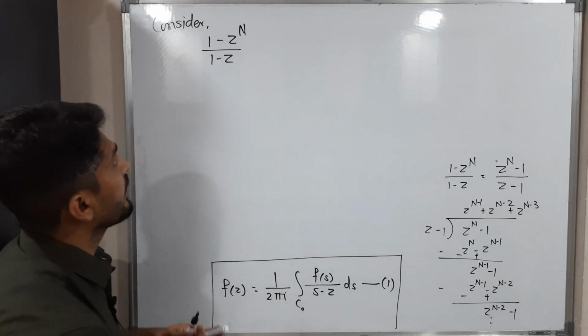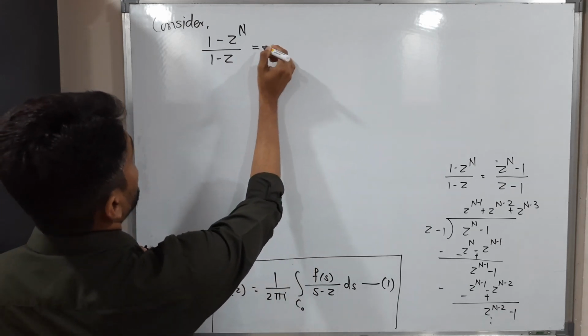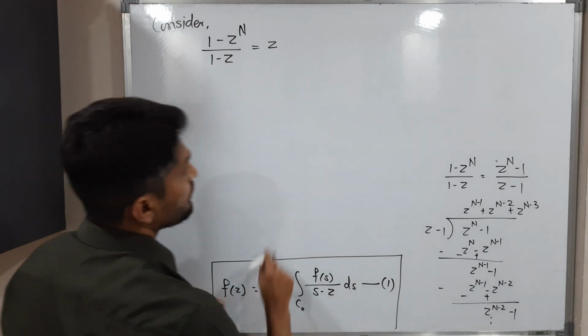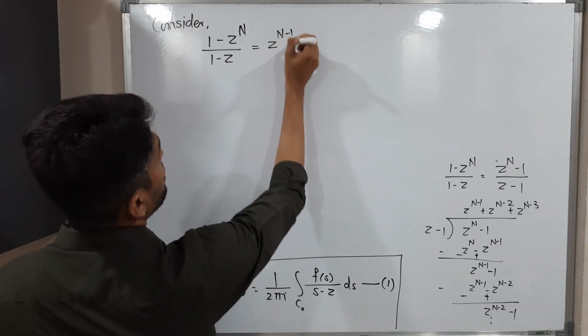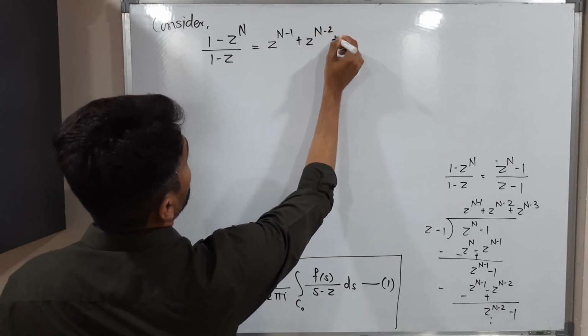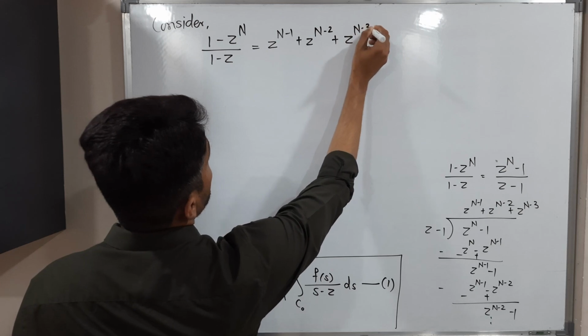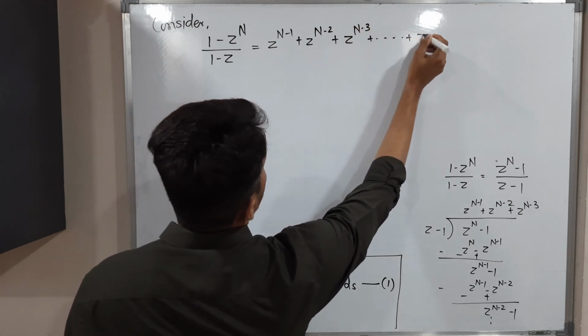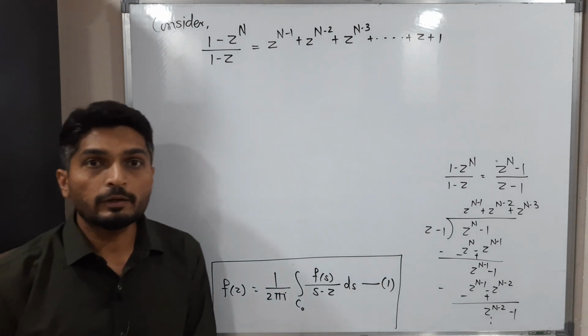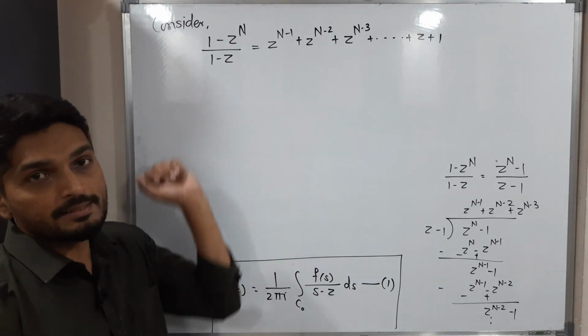So that's why if you divide, we will have the polynomial like this: z raised to n minus 1 plus z raised to n minus 2 plus z raised to n minus 3 and so on, plus z plus z raised to 0, that means 1. After that I will divide separately.